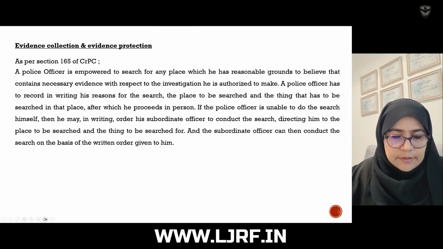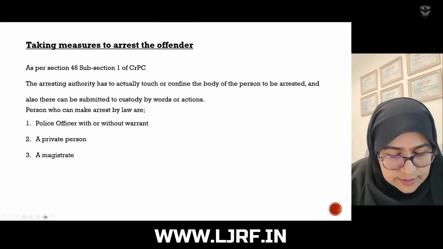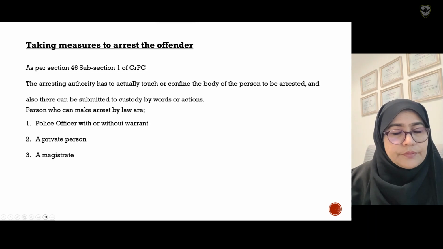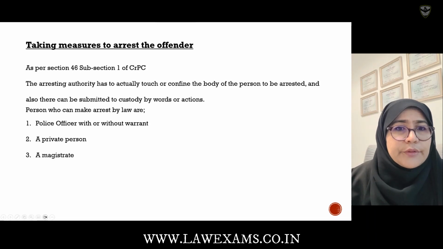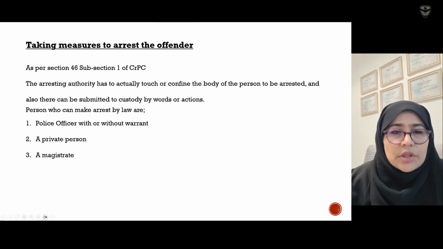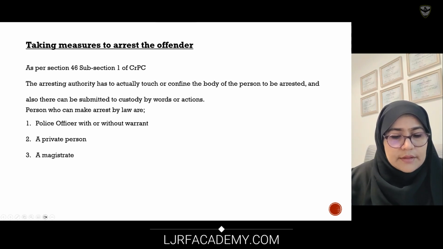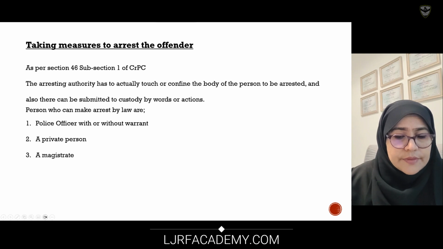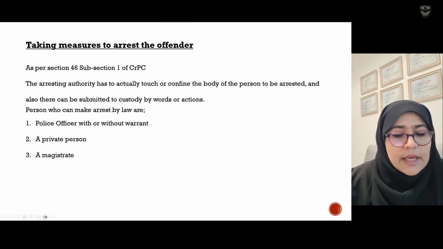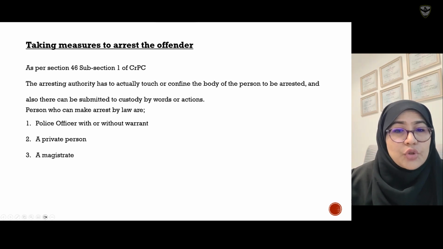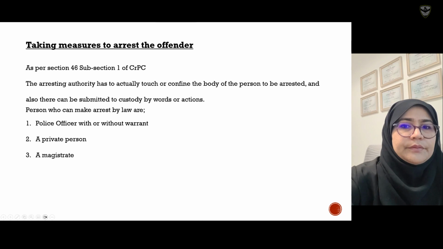The final step is taking measures to arrest the offender. The basic procedure for making an arrest is mentioned under section 46 of CRPC. Subsection 1 of this section provides that the arresting authority has to actually touch or confine the body of the person to be arrested.